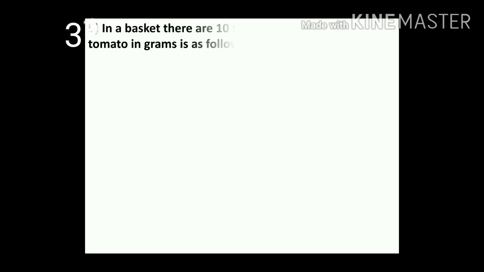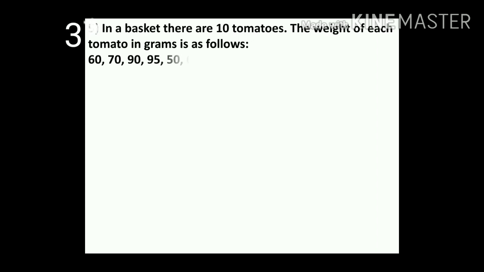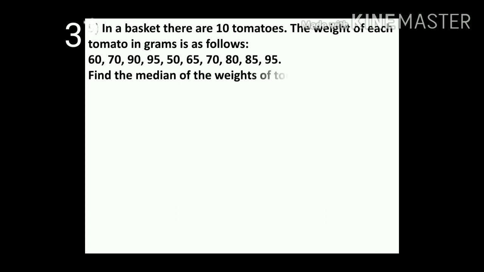In a basket, there are 10 tomatoes. The weight of each tomato in grams is as follows: 60, 70, 90, 95, 50, 65, 70, 80, 85, 95. Find the median of the weights of tomatoes.